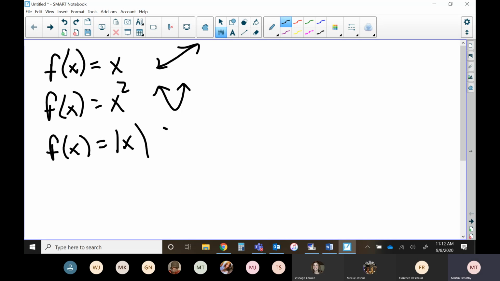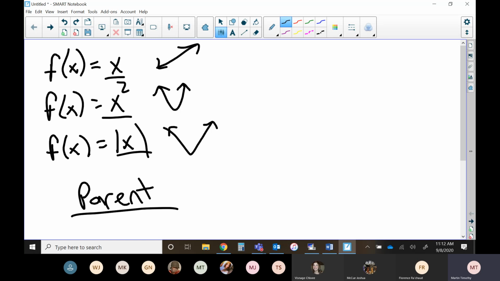A V shape. Now, do you see how these have no plus, minus, multiplying, anything attached to it? It's just really generic. We call these the parent functions. These are the parent functions for what you've studied so far. They're the OGs. Nothing has happened to them.